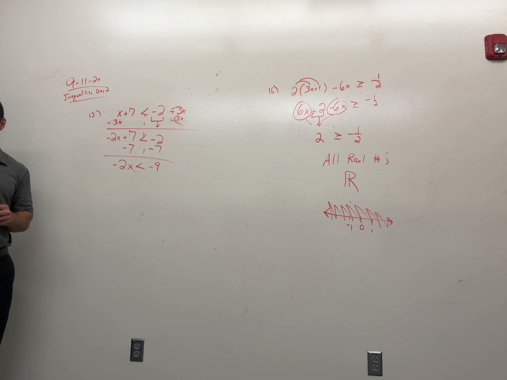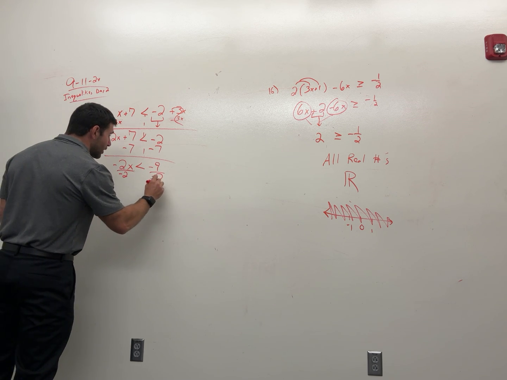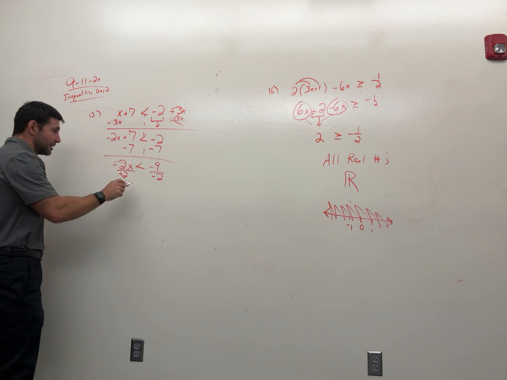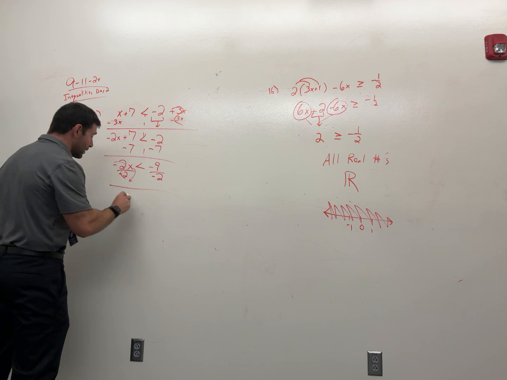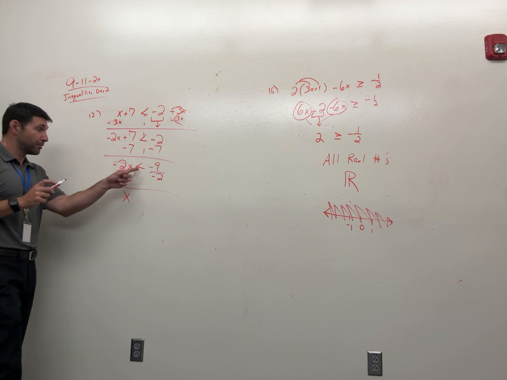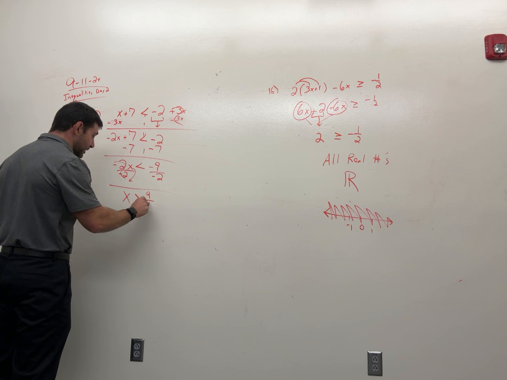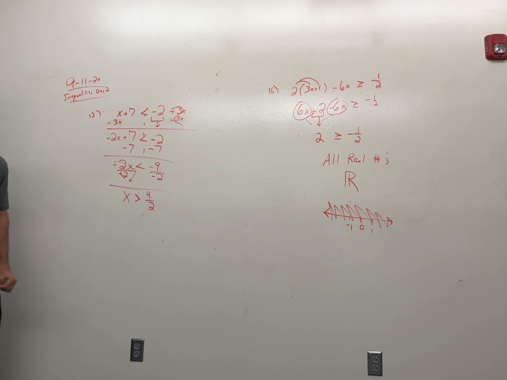What do I have to do to get x by itself? Divide by negative 2 on both sides. And Ava, you said it already. When we divide by a negative, we have to flip the inequality symbol. Negative divided by a negative is positive. X is greater than 9/2.